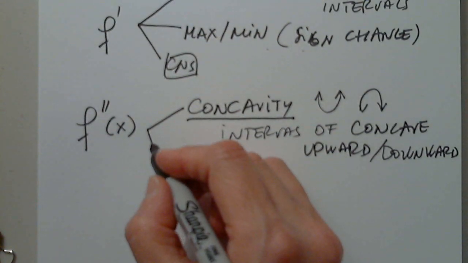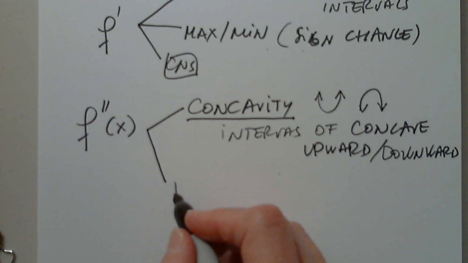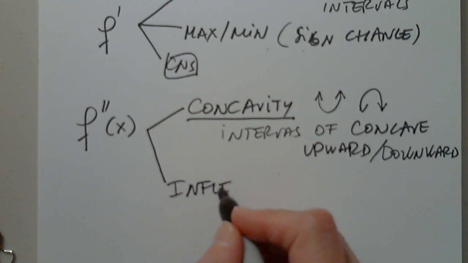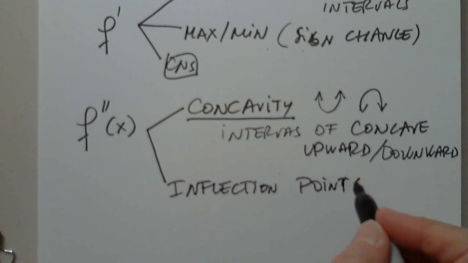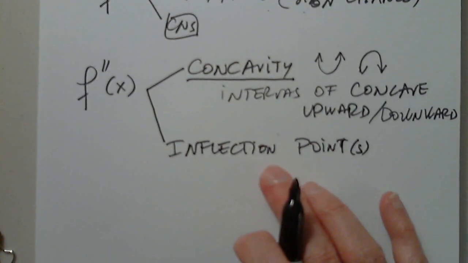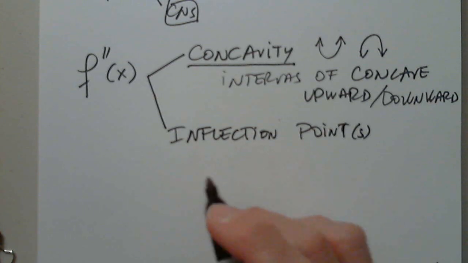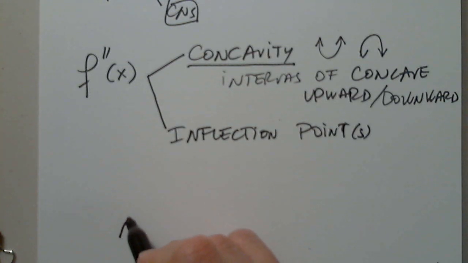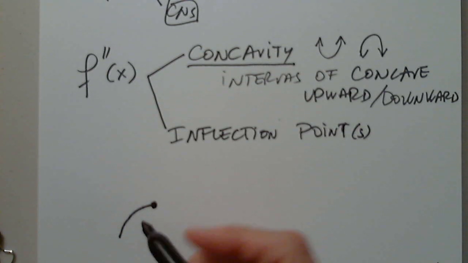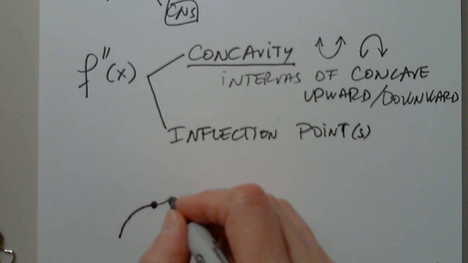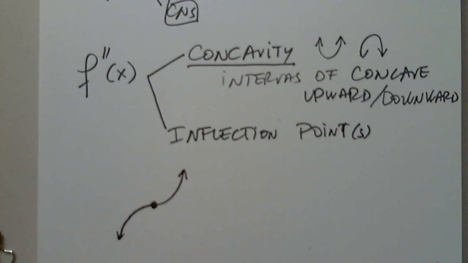What else does it give us? A very important point called an inflection point or points. What is an inflection point? An inflection point is when the function opens up till this point of inflection, and then it changes concavity.